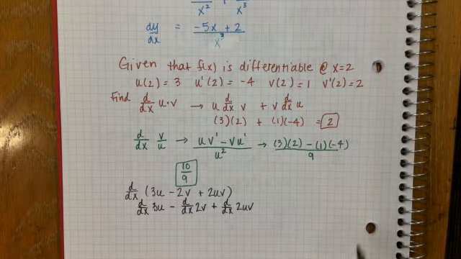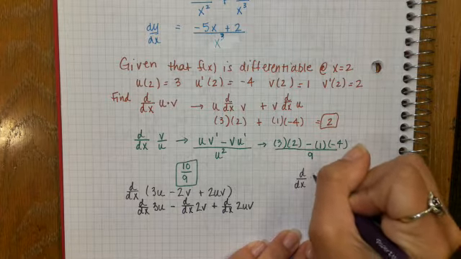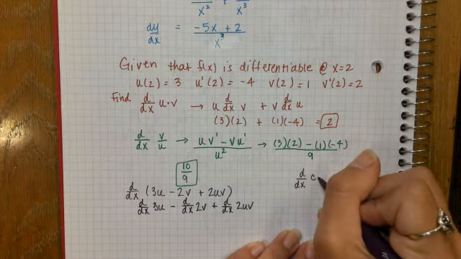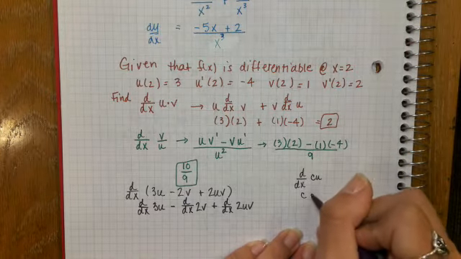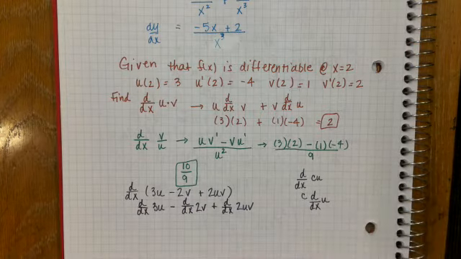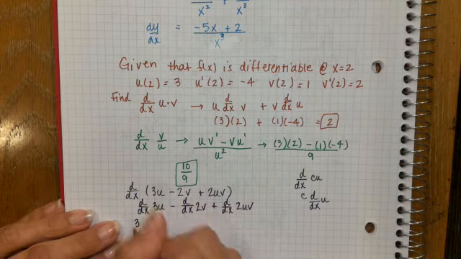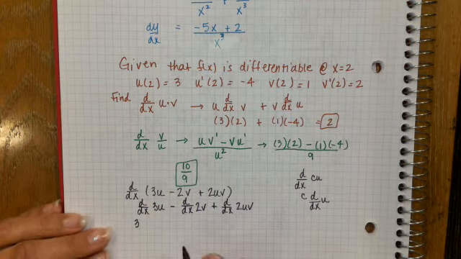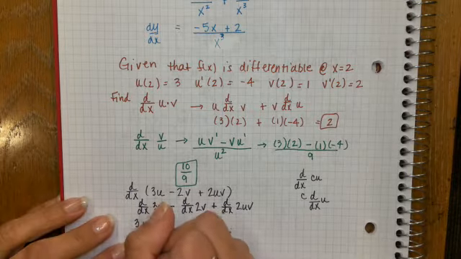There's a constant property: the derivative with respect to x of some constant c times u is the constant times the derivative of u. So think of it as pulling the c out in front. C is a constant. In this case, I'm going to bring the 3 in front. So this is 3 times the derivative of u, which I'm going to write as u prime.